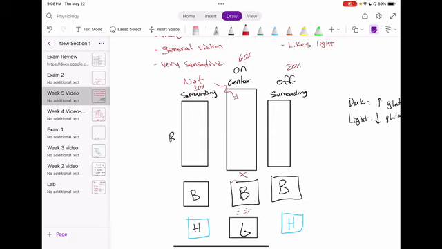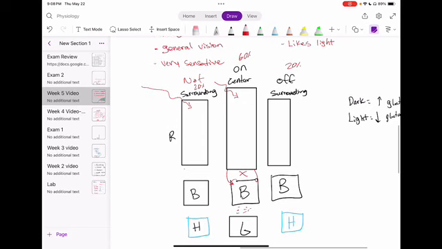Not produced, but it still sends a signal down. And as this one has the light shone on it too, this actually does not produce glutamate.